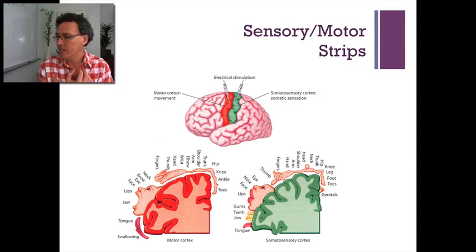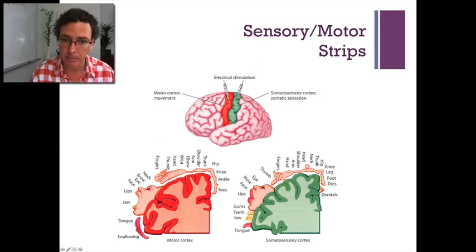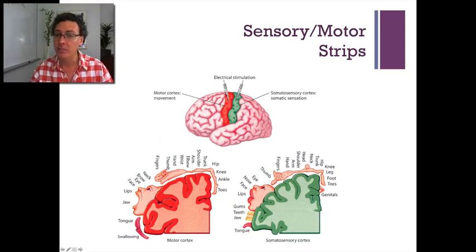When something touches our body, it basically activates parts of the parietal lobe, something we're going to call the somatosensory cortex. Some people just call it the sensory strip or the somatosensory strip because it is organized on a strip, with the rest of the parietal lobe behind it here.